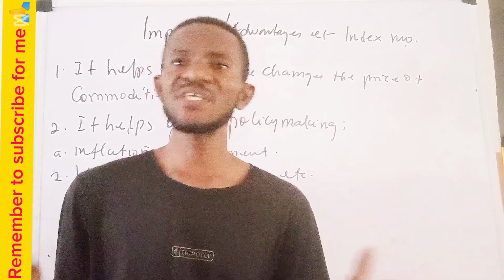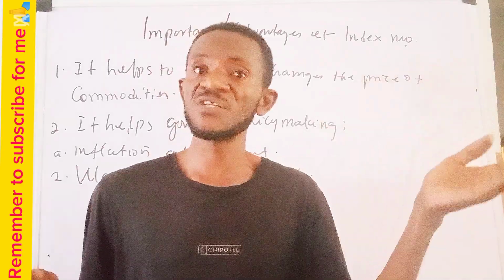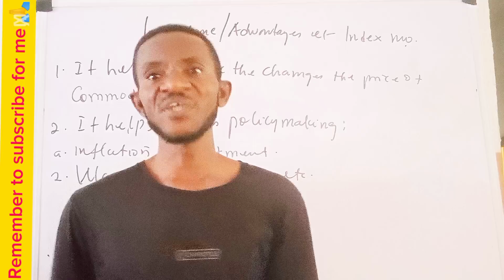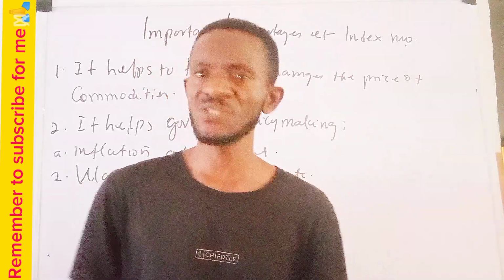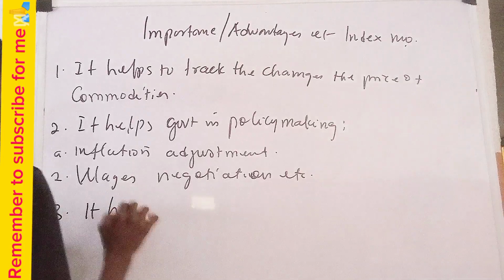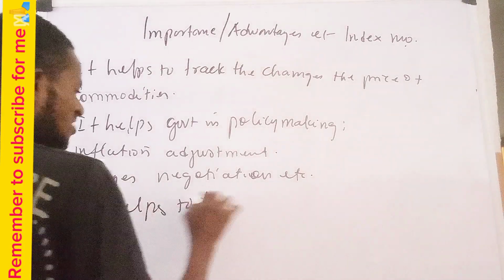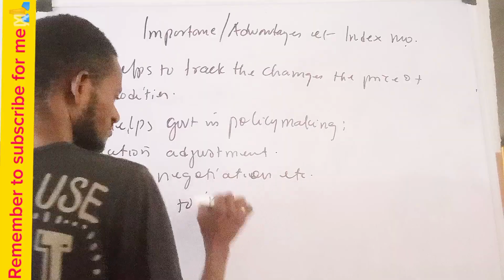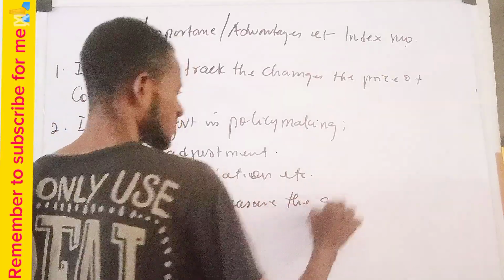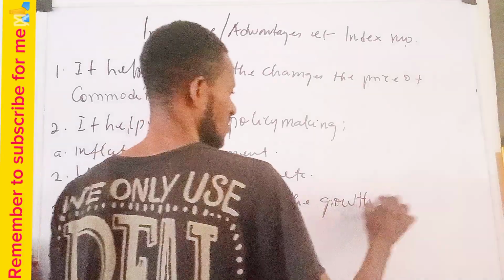One will be able to see if the economy is growing or not growing. So it helps to measure the growth in an economy. Number three, it helps to measure the growth in an economy.